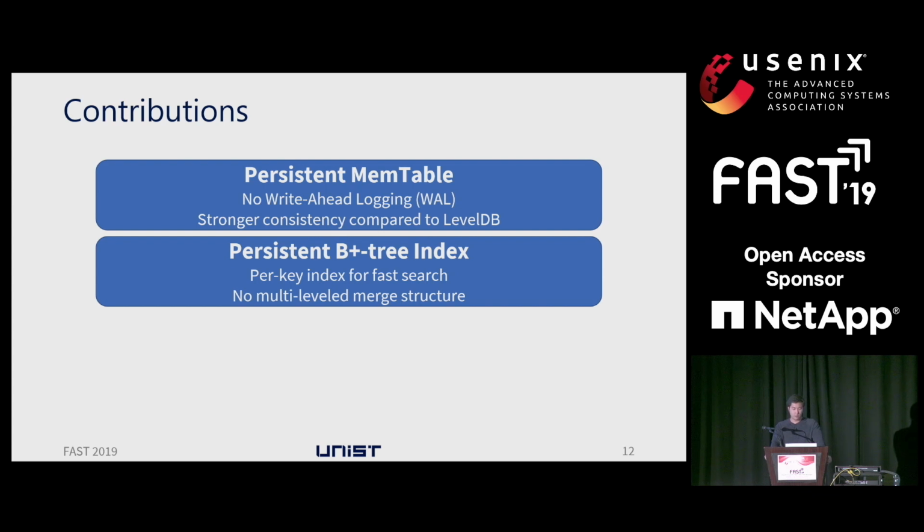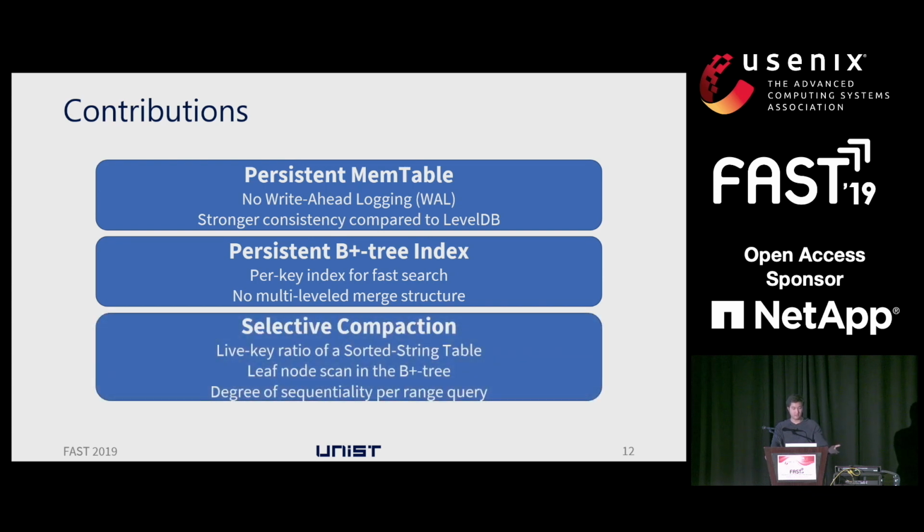And to do our compaction, we have our selective compaction with our 3 schemes. One of our schemes is for garbage collection, and the 2 other schemes are for increasing sequentiality.